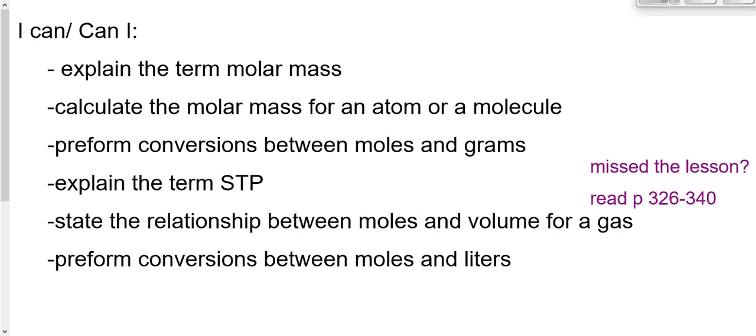I also need you to remember that the term STP stands for standard temperature and pressure, and it allows us to use the relationship between moles and volume. 1 mole of any gas takes up 22.4 liters of space. Then you should be able to use your factor label method to do conversion between moles and liters.